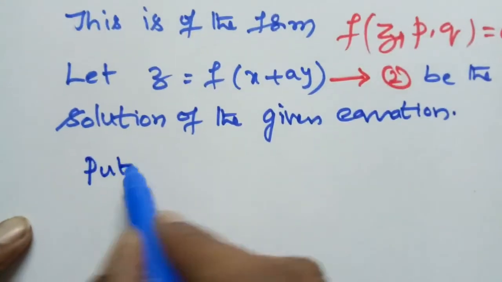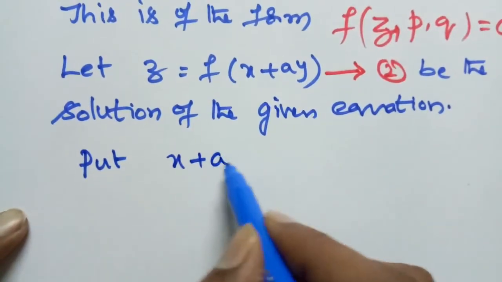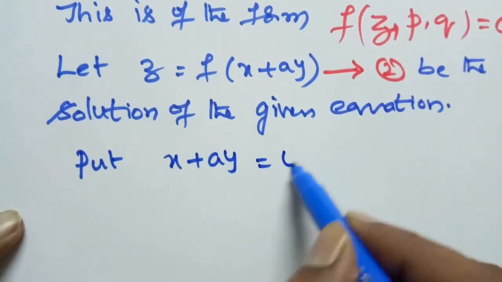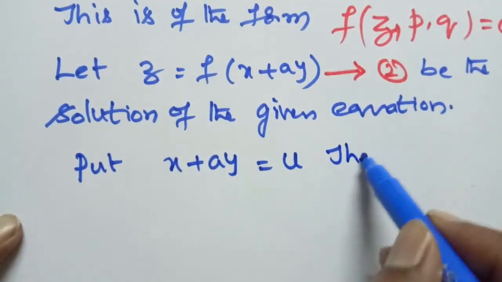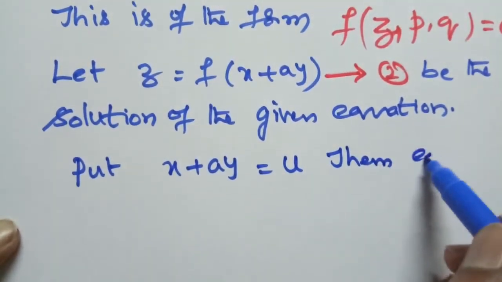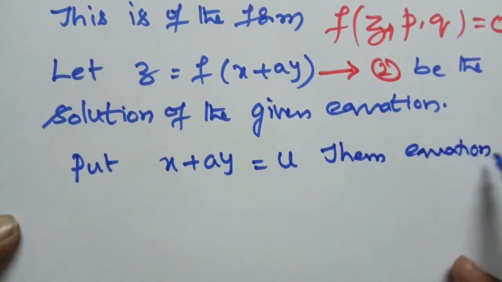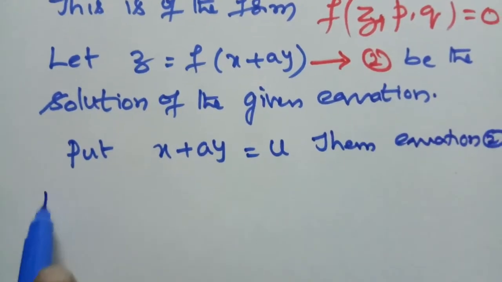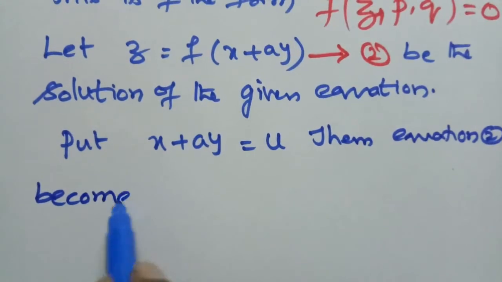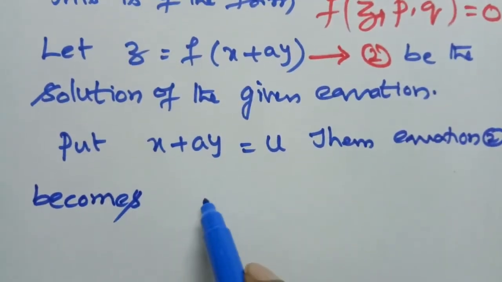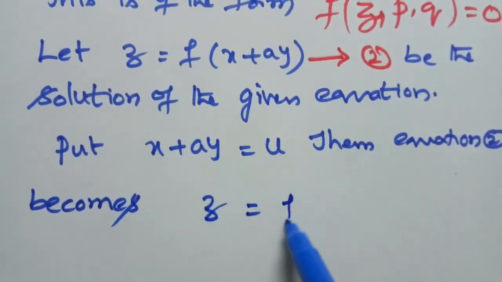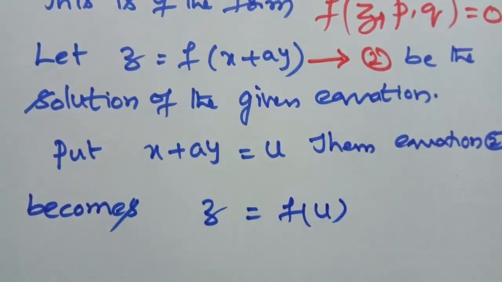Put here x plus ay is equal to u. Then equation 2 becomes z is equal to f of u.